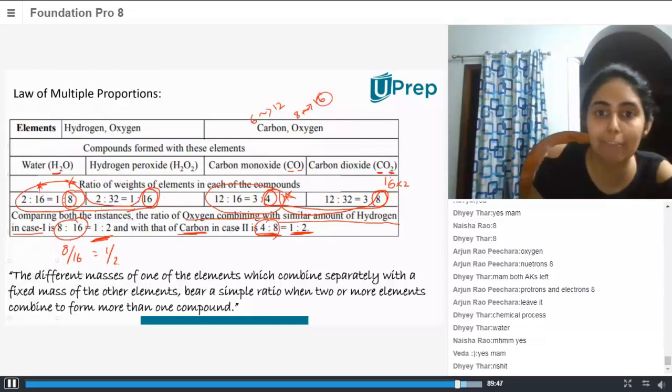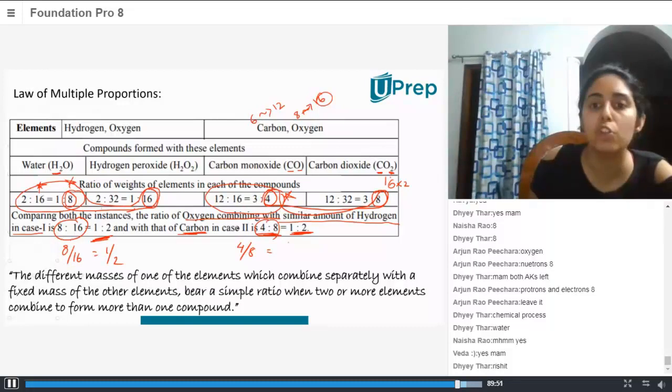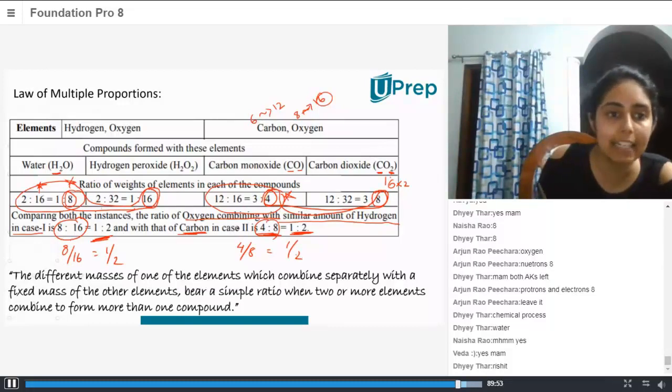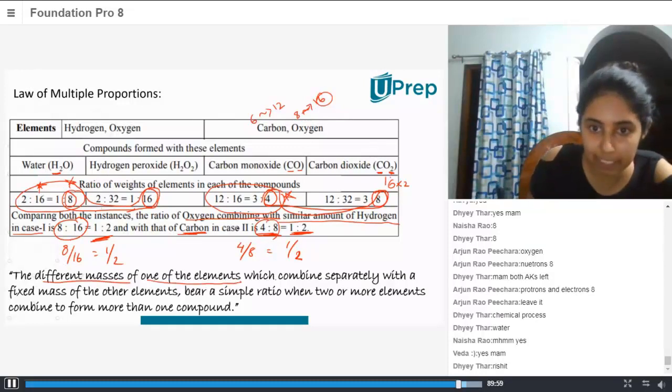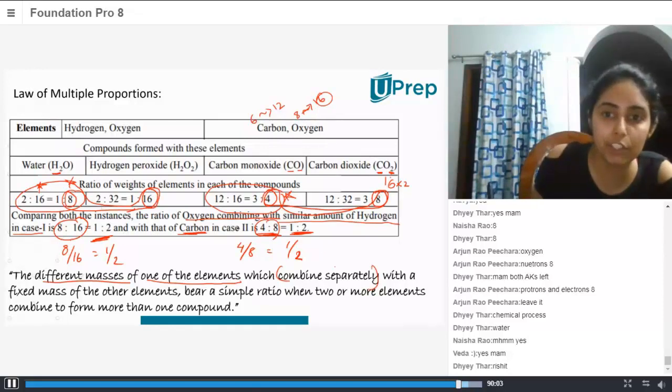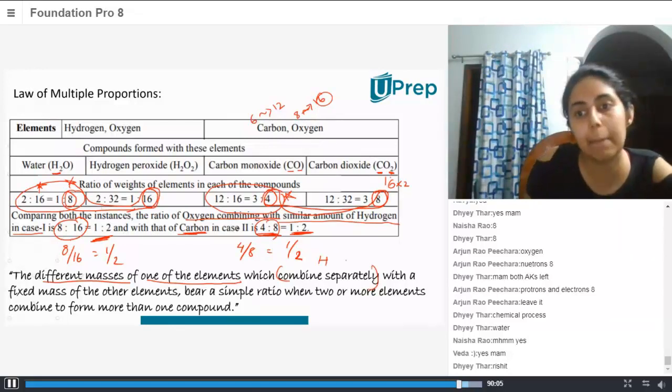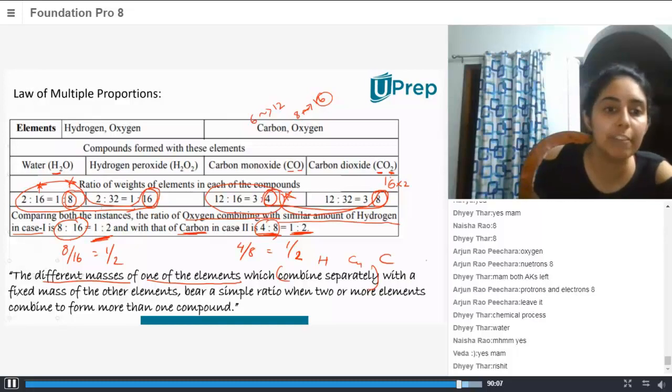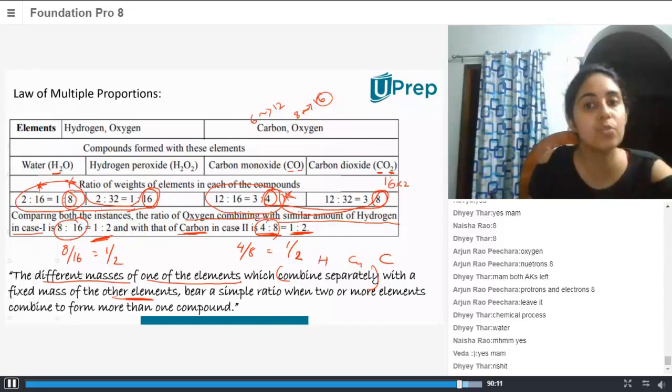And over here I have 4/8, which is again 1/2. So what it is saying is that the different masses of one of the elements, which combine separately, once with hydrogen and once with carbon, with a fixed mass of other elements, so fixed mass of other elements.